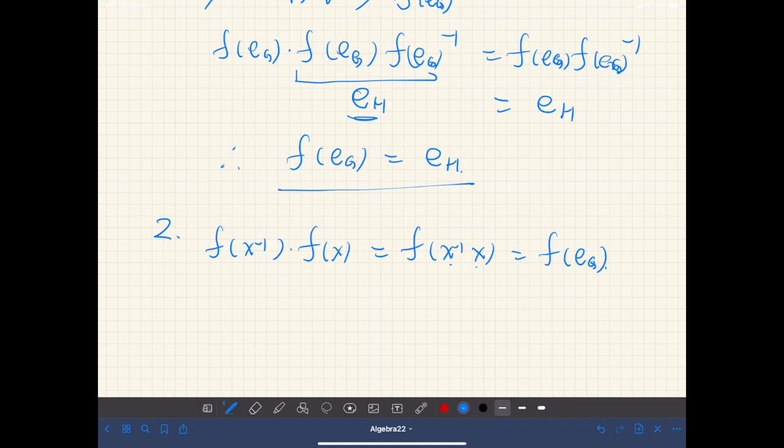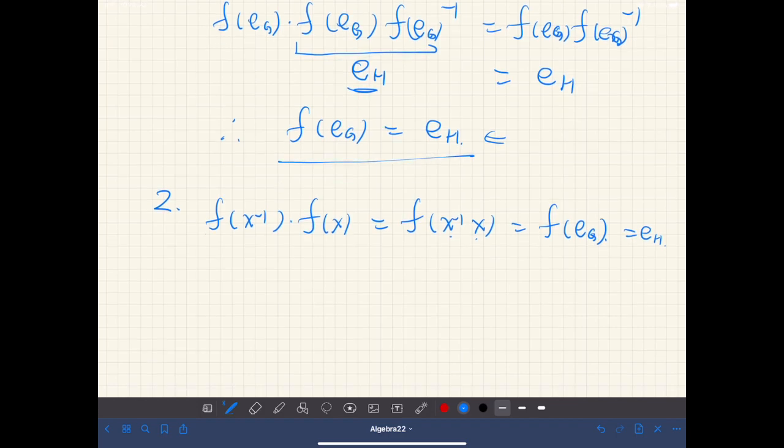But as we know from the first part, this is equal to EH, the identity element. So by multiplying both sides by F of x inverse, we have F of x inverse is equal to F of x inverse. And we are done.